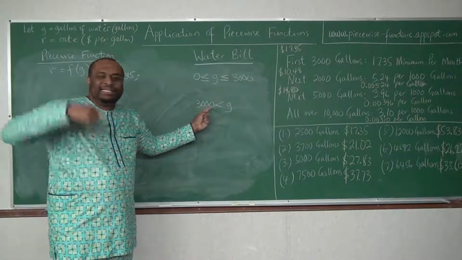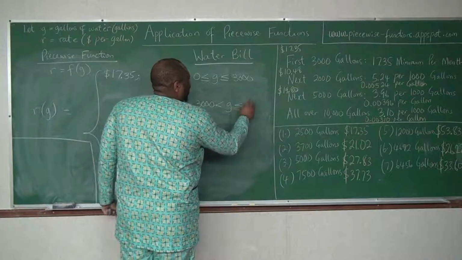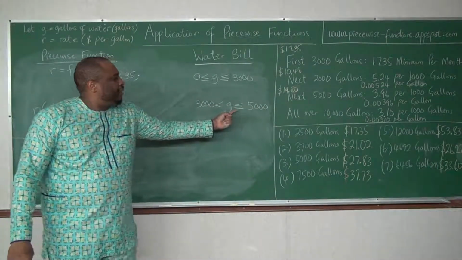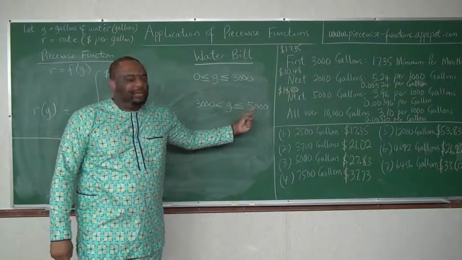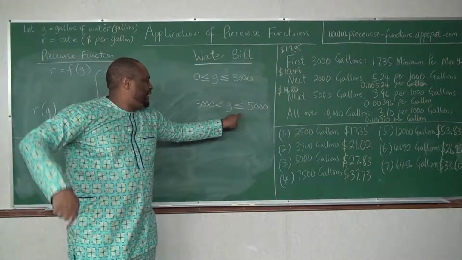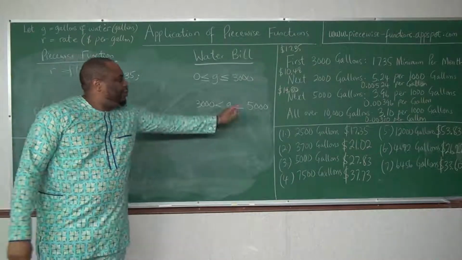Then anything above 3,000 but up to 5,000, because it's the next 2,000 and that is 5,000 gallons. You have to put up to 5,000 included, so less than or equal to.